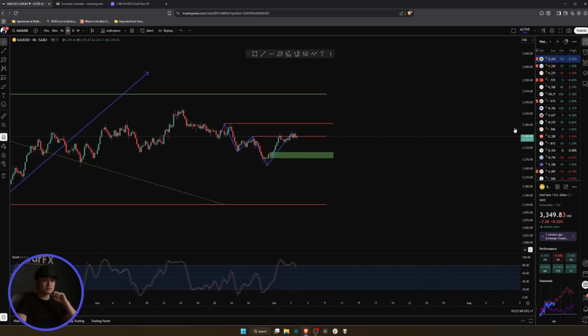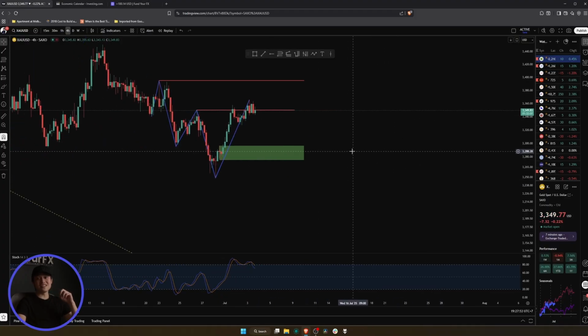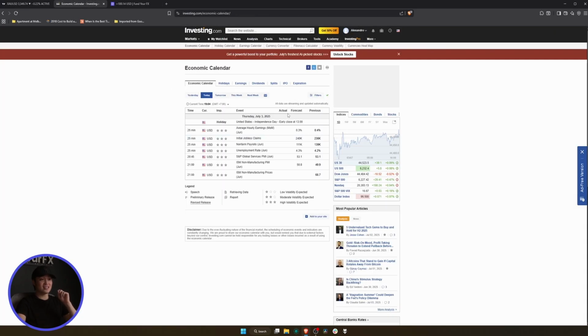Our main plan is the gold is going to move in the bearish momentum rather than the bullish, and my forecast is the non-farm payroll data is going to come higher.